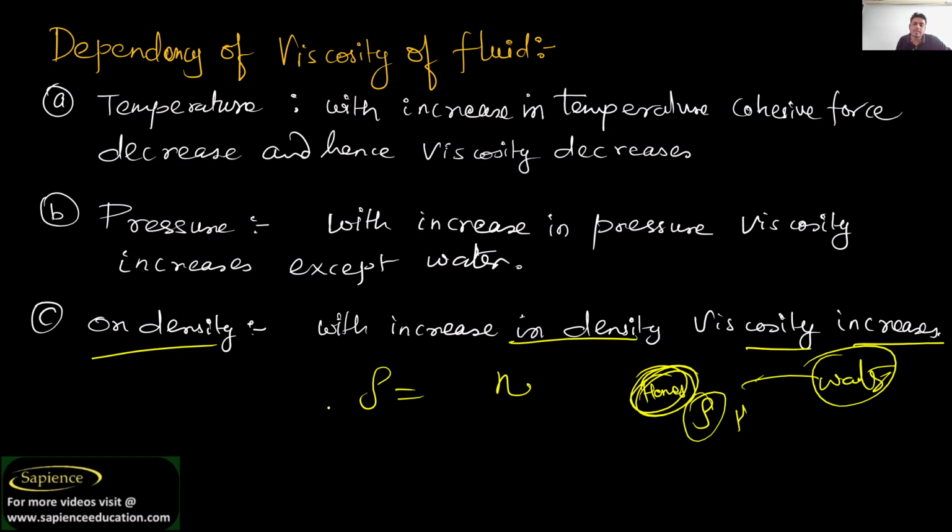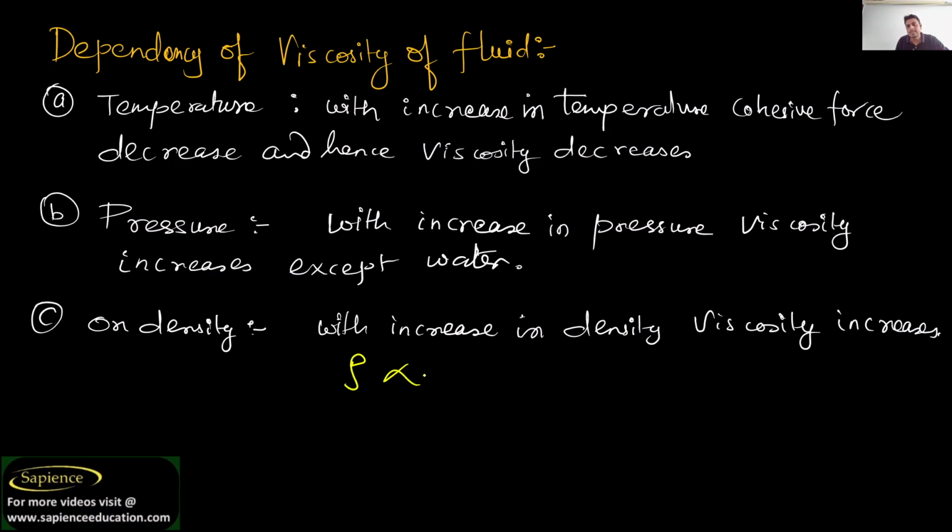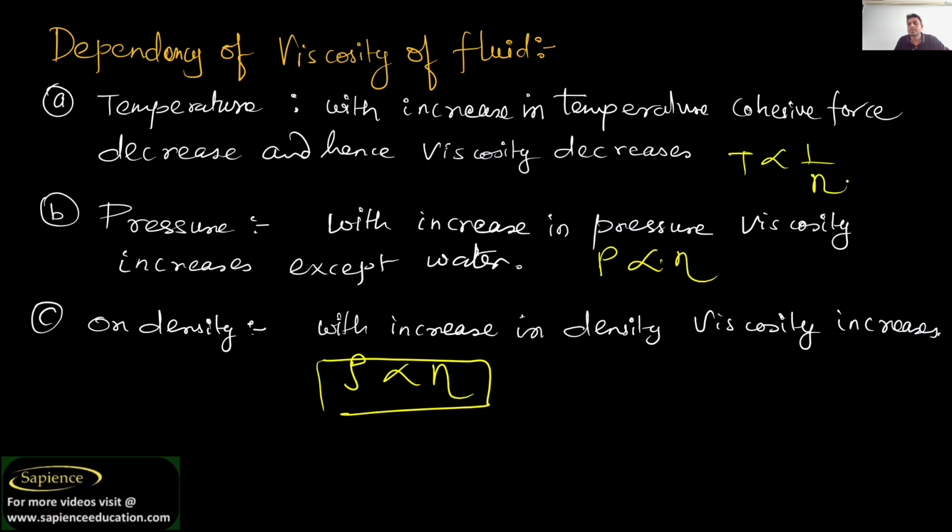So density is directly proportional to the viscous coefficient, and pressure is directly proportional to the viscous coefficient. Now temperature is inversely proportional to the viscosity coefficient. So these are the dependencies of the fluid. I hope you have understood now.